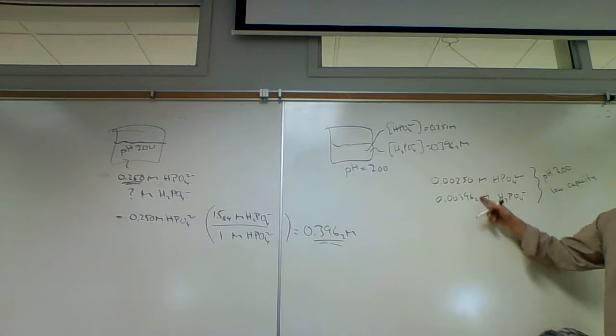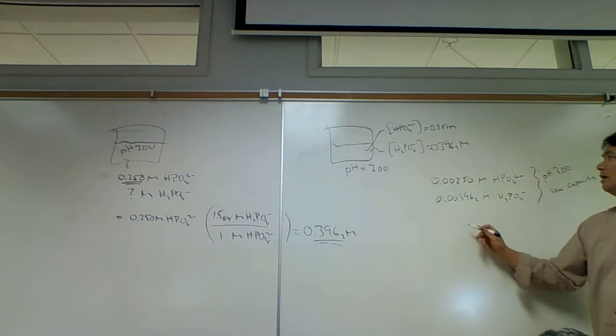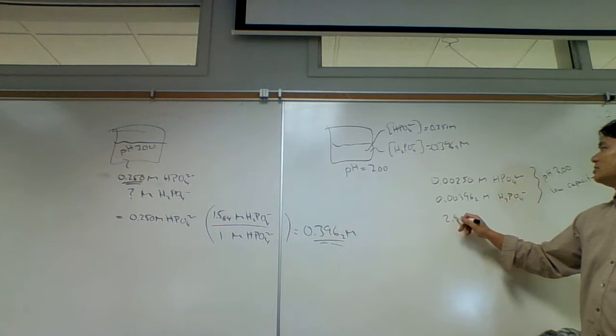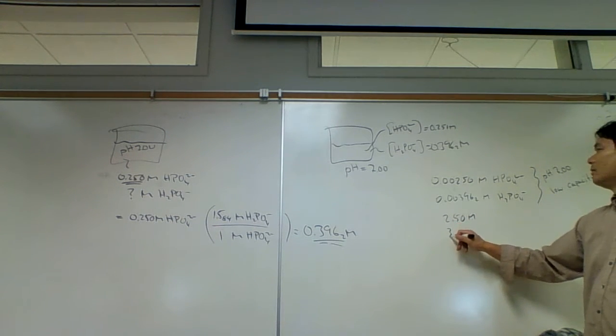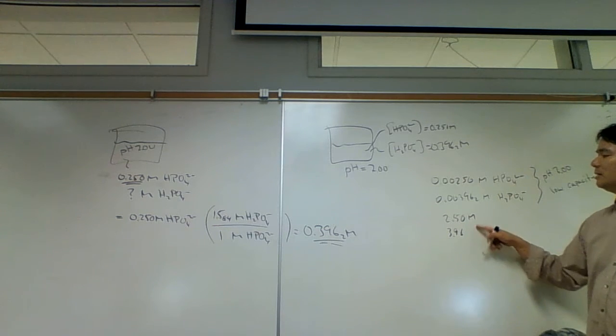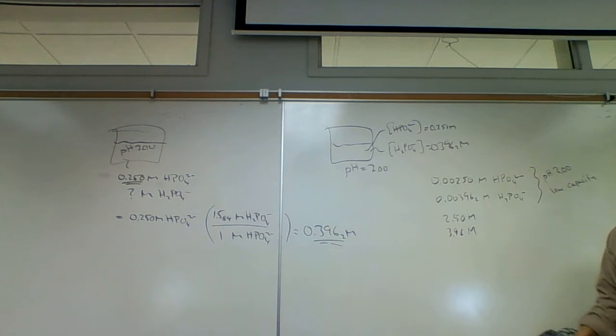So this is going to be lower capacity, same pH, versus I can make it higher capacity, 2.50 molar and 3.96 molar. I'm going to be limited by solubility though. I can't go too high in capacity because of limited solubility. But this is also going to be pH 7.00, and this is going to be higher capacity.